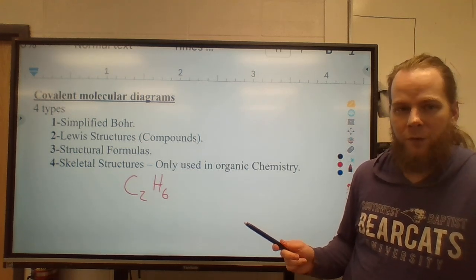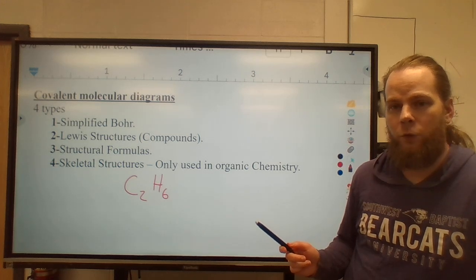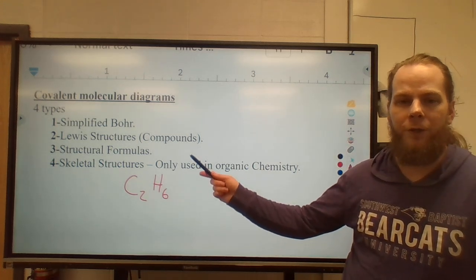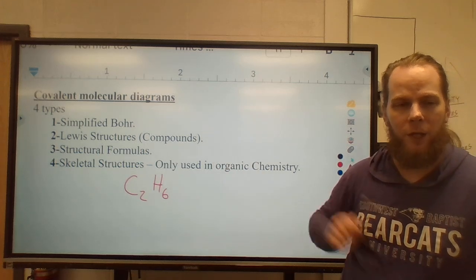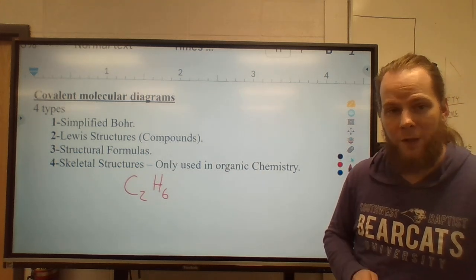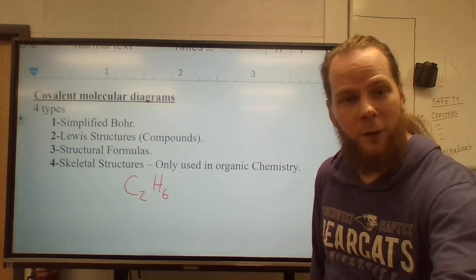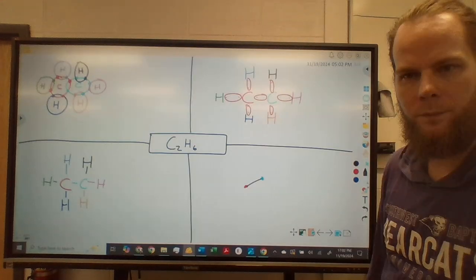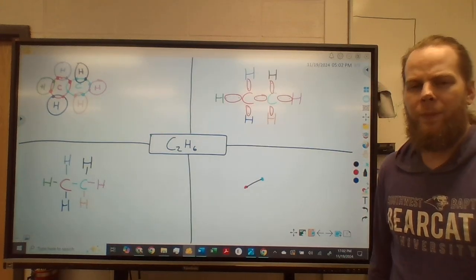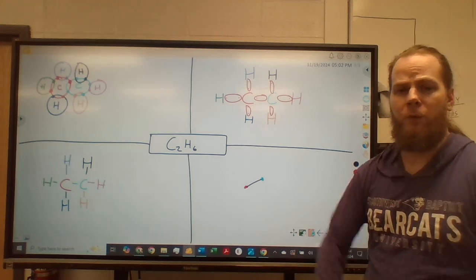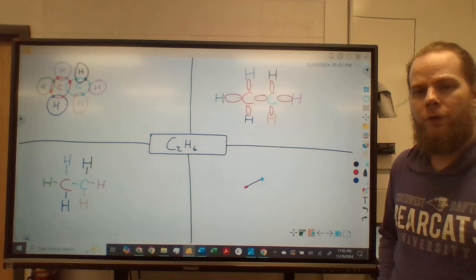Hopefully you have this stuff written down because I am about to pull up a white screen and I'm going to draw one of each of these for this molecule. So pause it if you haven't done that yet because this is all about to go away. Going once, going twice. So, all right. I probably should have done slightly different color scheme on a couple of these, but we're going to roll with it.